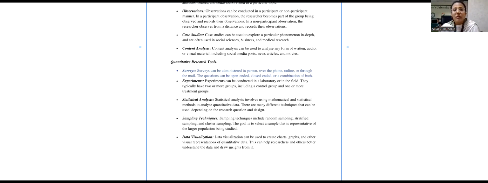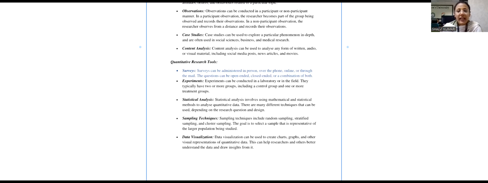First of all, we'll talk about observations. Observations can be conducted in a participant and non-participant manner. In participant observation, the researcher becomes part of the group being observed and records their observations. In non-participant observation, the researcher observes from a distance and records their observations.